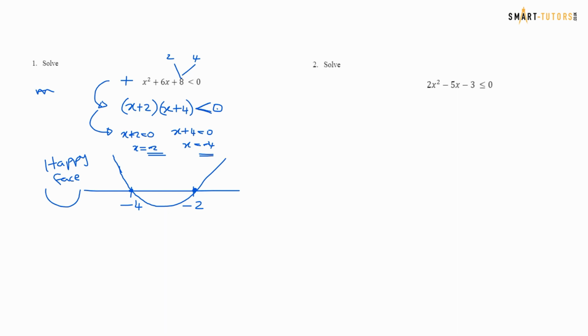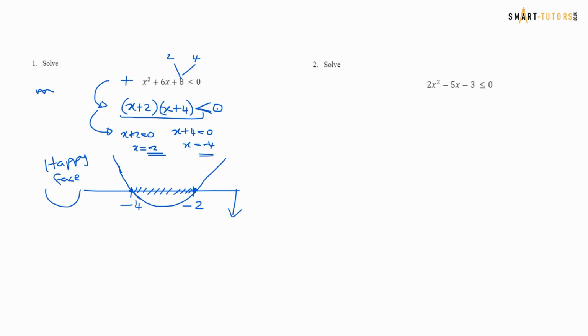The graph is less than 0. Less means below the x-axis. More means above the x-axis. When the question comes with more, I will discuss that later. Now concentrate: less means the graph is below the x-axis. That means this is the range.